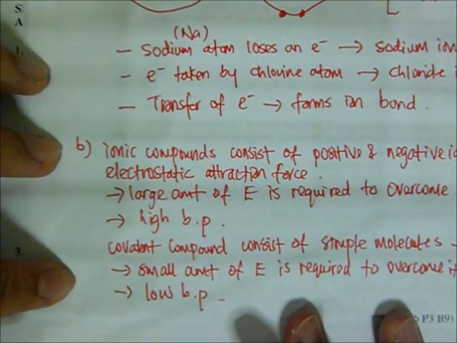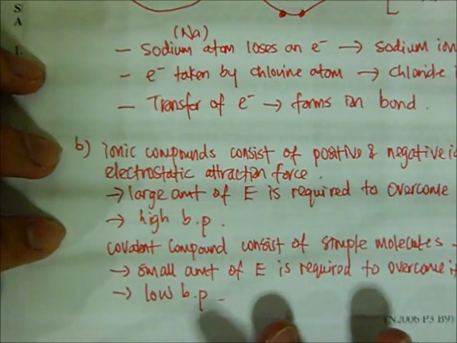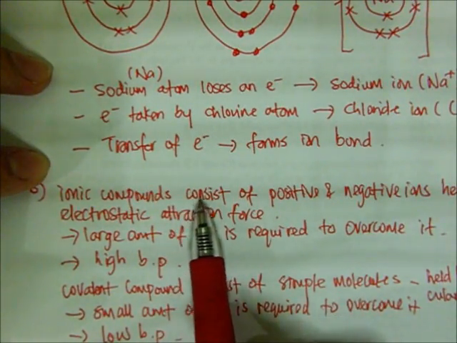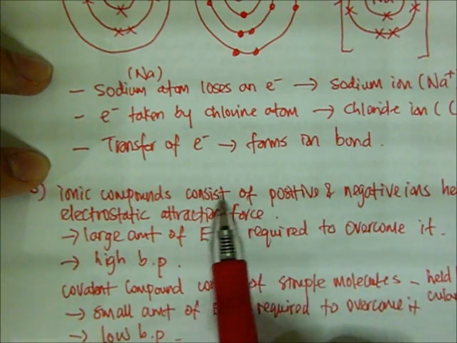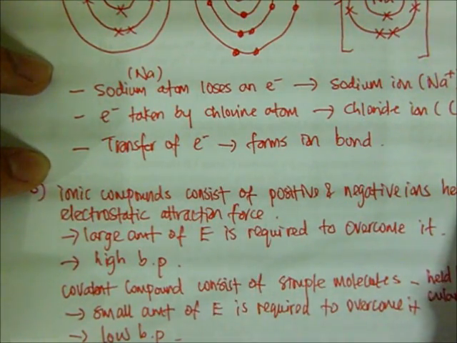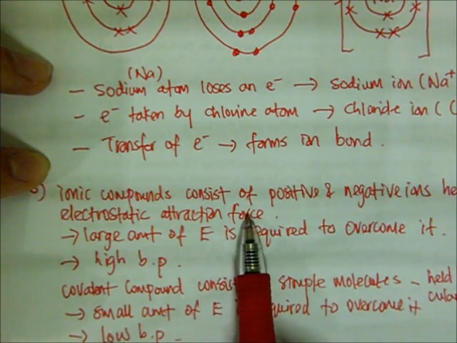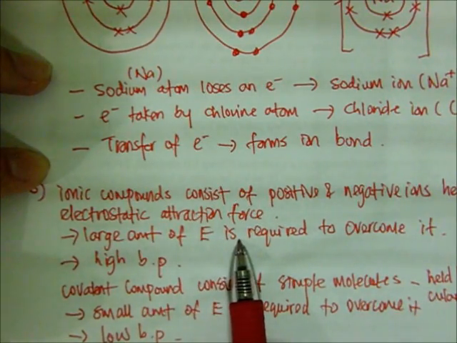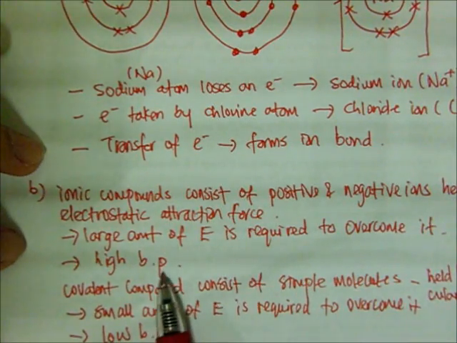So when you explain why a certain compound has high boiling point, or why a certain compound has low boiling point, you have to explain it in this order. First of all, explain the structure. What does it consist of? And then you have to explain the forces. What force keeps them together? Then if the force is very strong, you have to say a large amount of energy is required to overcome it. And because a large amount of energy is required to overcome it, the boiling point must be high.